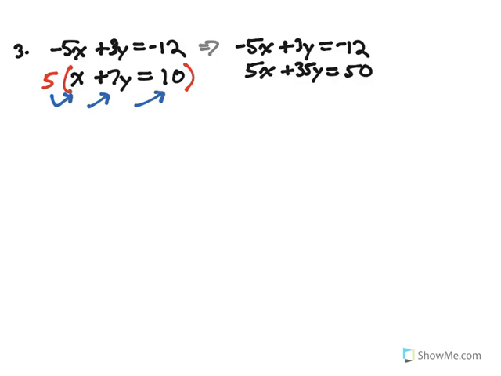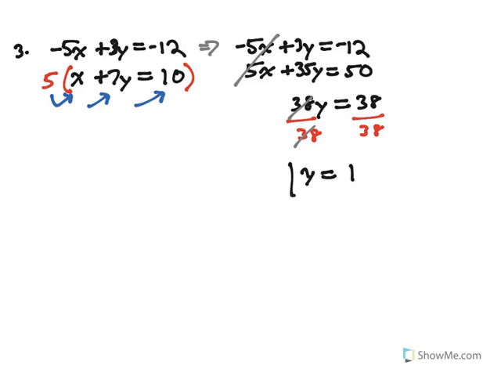And now you have a system of equations where if you combine these, you will cancel the x variable. 3y plus 35y is going to give you 38y. Minus 12 plus 50 is 38. And then if I divide both sides by 38, the coefficients of 38 cancel, and I'm just left with y equals 1.